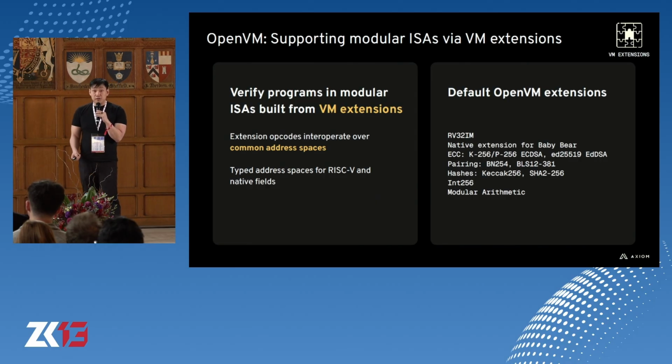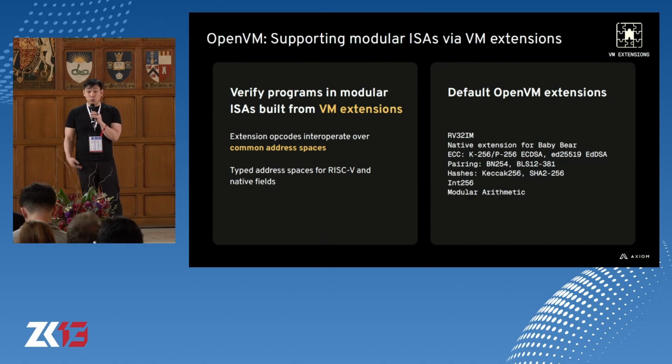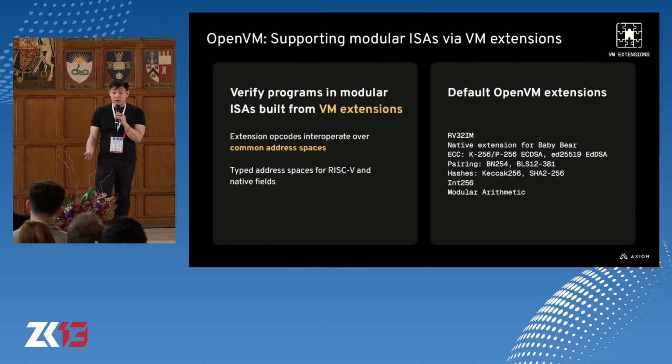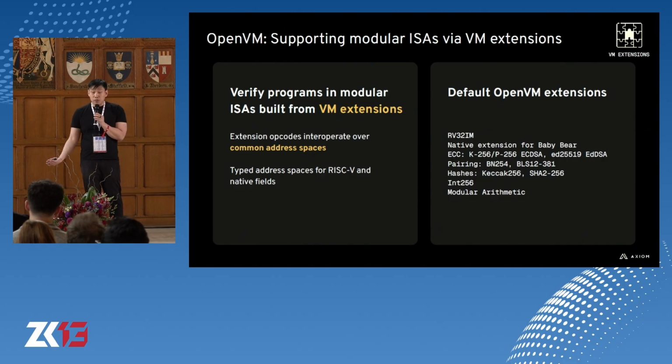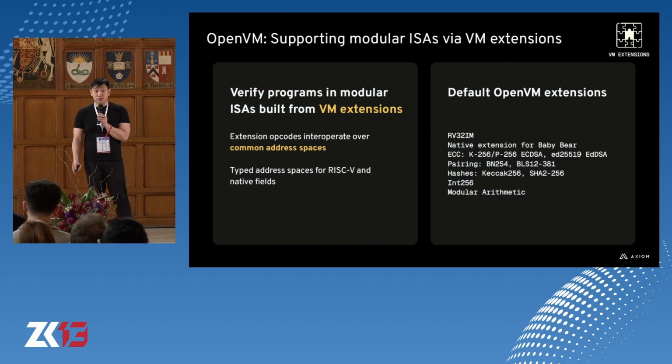So these address spaces can be typed, meaning we can have address spaces for RISC-V format memory, or address spaces which are natively in the native field, which is particularly useful for recursion. So OpenVM ships with a default set of extensions covering RISC-V support, recursion support, and all common precompiles which occur in proving Ethereum blocks.